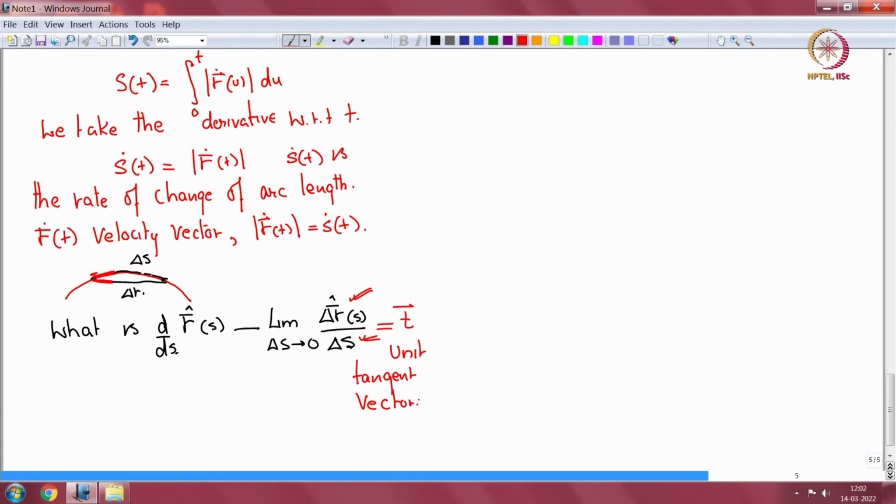I will put this arrow on it to indicate the unit tangent vector. Do not confuse it with the real variable t. So we have the unit tangent vector T.